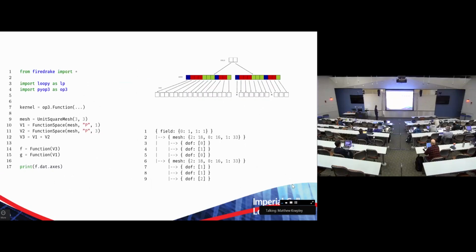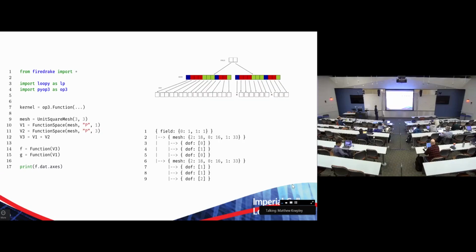So I have a function on a mixed function space with P3 and P1. And I'm going to print the axes, which is an object that represents this structure that I've just described. So it's this structure up here that I've shown you before. And this is a textual representation of it, right?